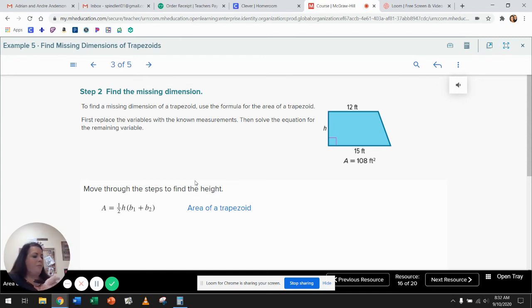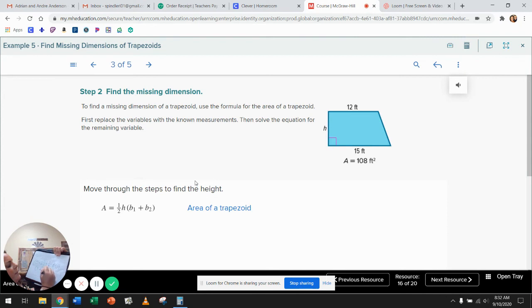Okay, so if we know that we have 108, we know 108 equals 1/2 h times 12 plus 15, we can go ahead and solve there. So the first thing I'm going to do is add right here. 12 plus 15 is 27.